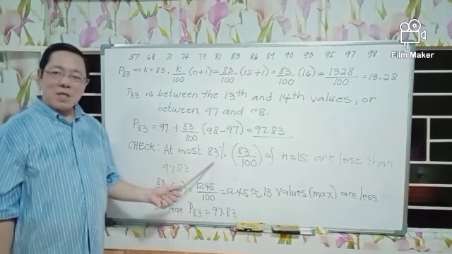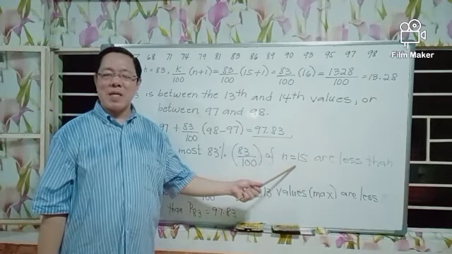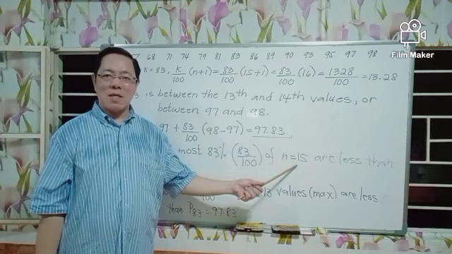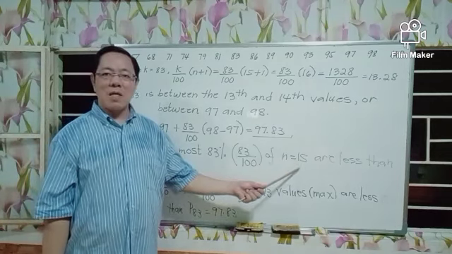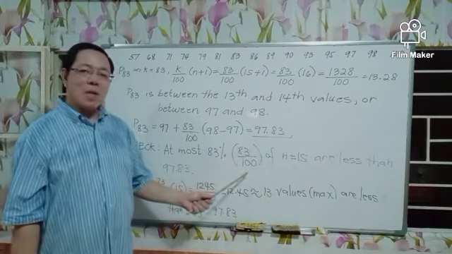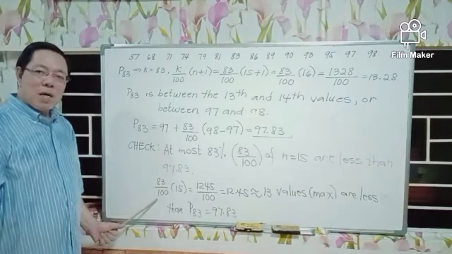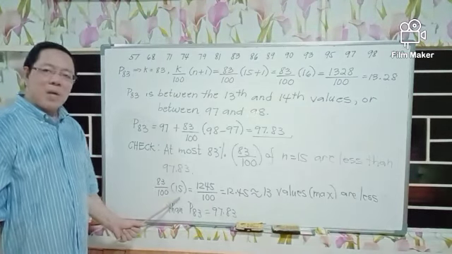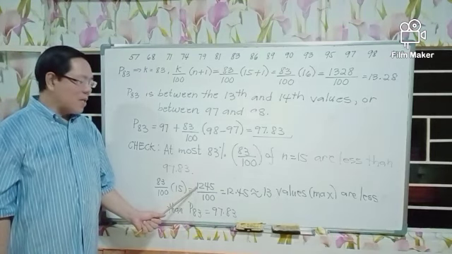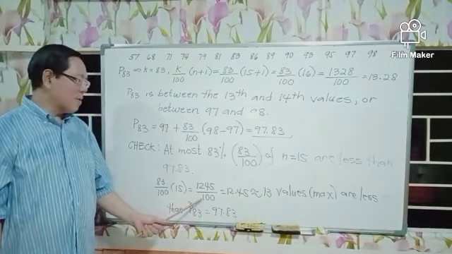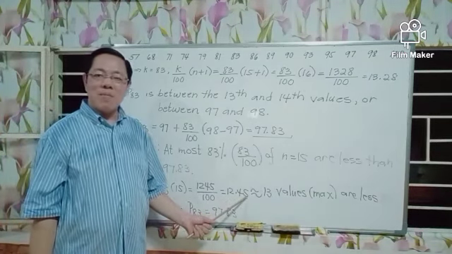So we take 83% of 15 by multiplying 83 over 100 by 15. 83 multiplied by 15 is 1,245. And we divide this product by 100. And we get 12.45.